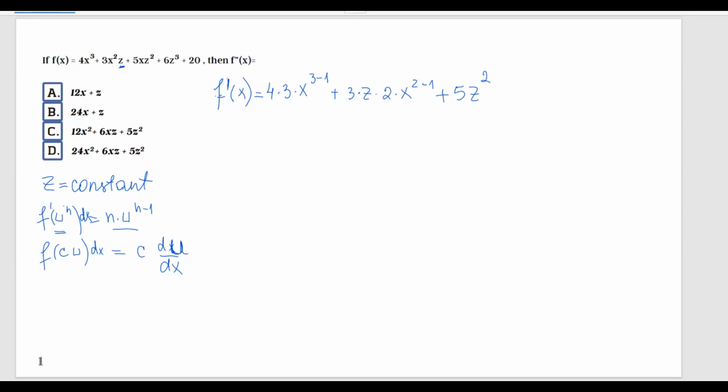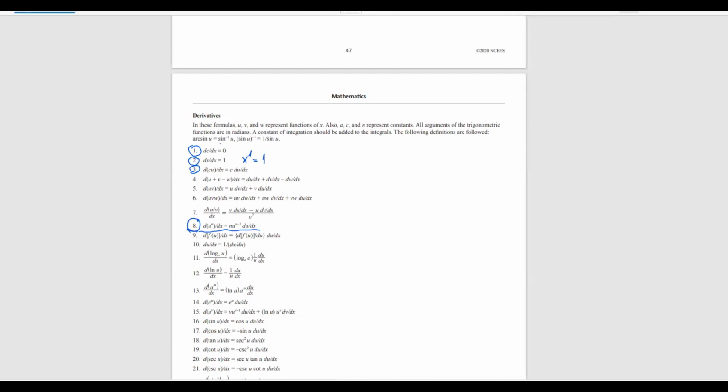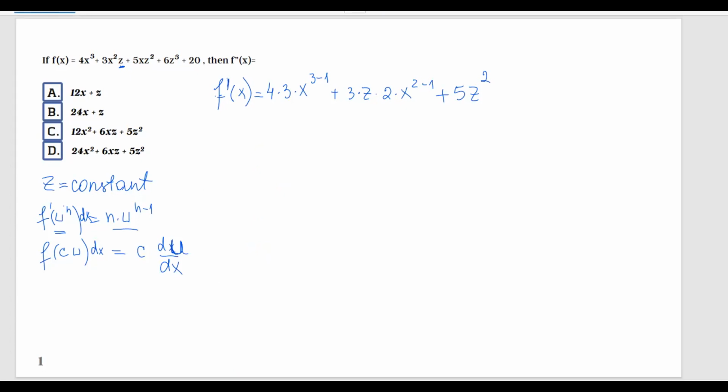If this is our case, our constant is 5 multiplied by z squared, and then we are left with the derivative of x dx, and coming back here, the derivative of x dx equals 1. So now this is going to be multiplied by 1.